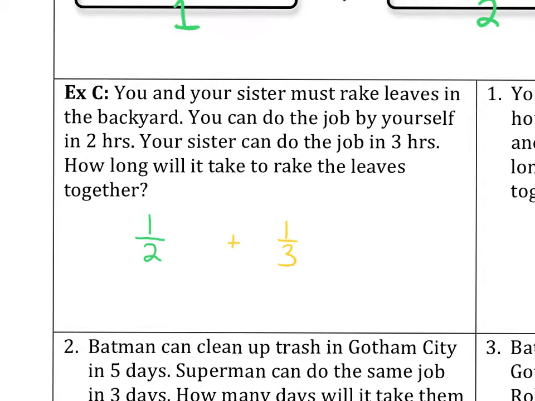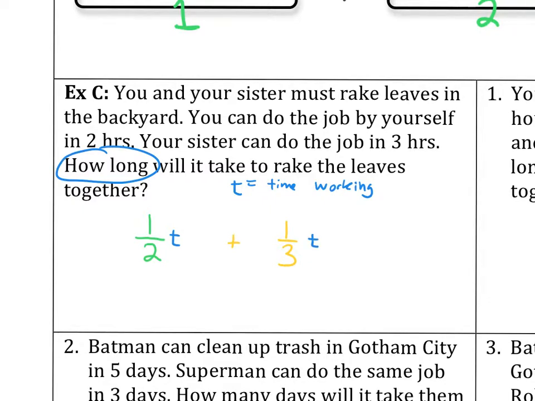So, since we're both going to work the same amount of time, because that's the question, how long? So the time here, time working. If I can do half the job in 1 hour, then I'm going to say 1/2 t, or t over 2. We can say it that way as well.